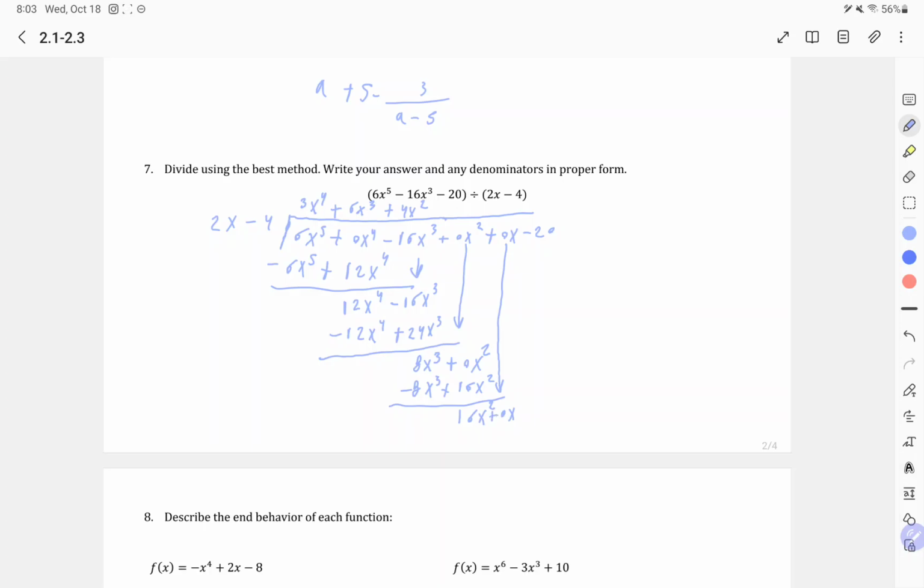Okay, now we need to find something that multiplies to that again. So when we need to find this, it's plus 8x, because if you multiply plus 8x to 2x minus 4, you get this.